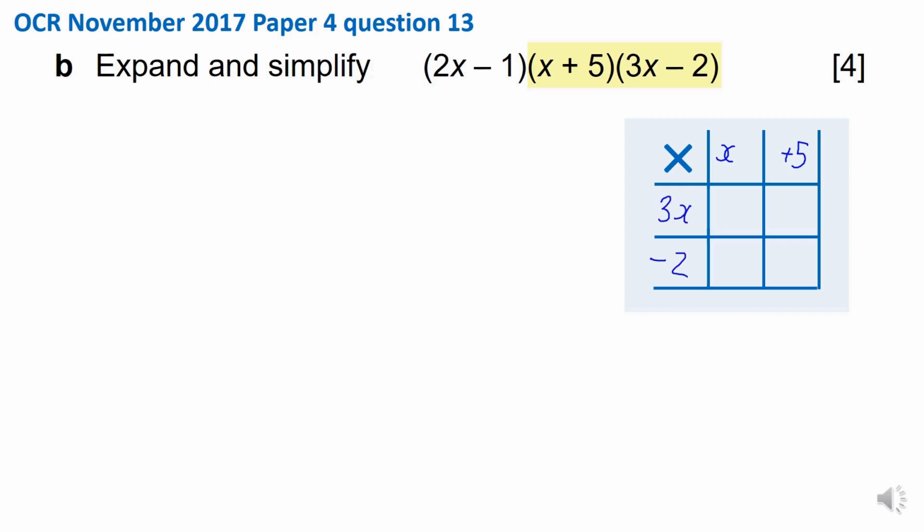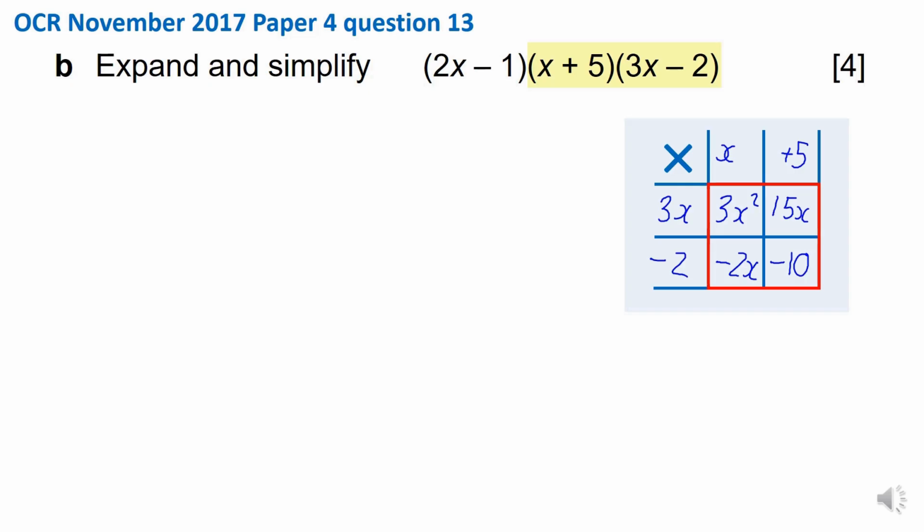We now have to multiply everything that's in the grid. So 3x times x, 3x squared, 3x times 5, 15x, minus 2 times x, minus 2x, and minus 2 times 5, minus 10. We can now write out all these 4 terms on the left.